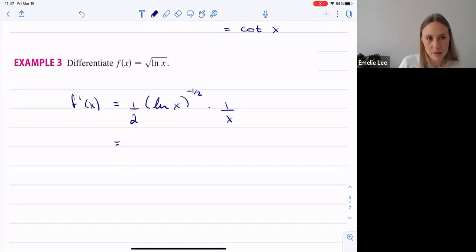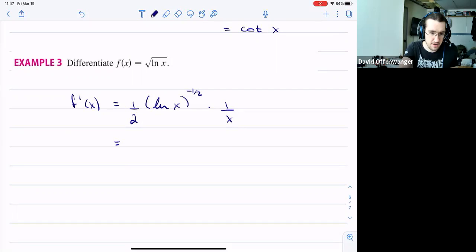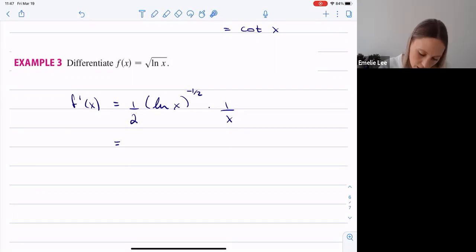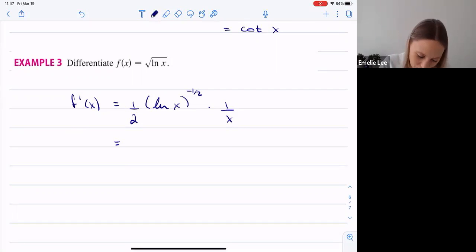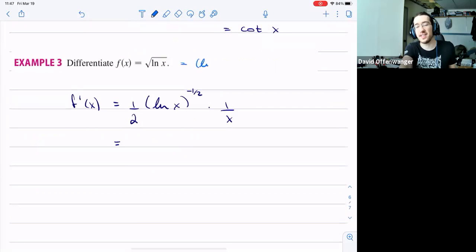We can clean this up a little bit. Oh, say that again. ln to the 1/2, but you wrote down negative 1/2? Yeah, I'm going straight for the derivative, not messing around. So what I did here is I said, well, this is the same as... Okay. Yeah, I remember now.